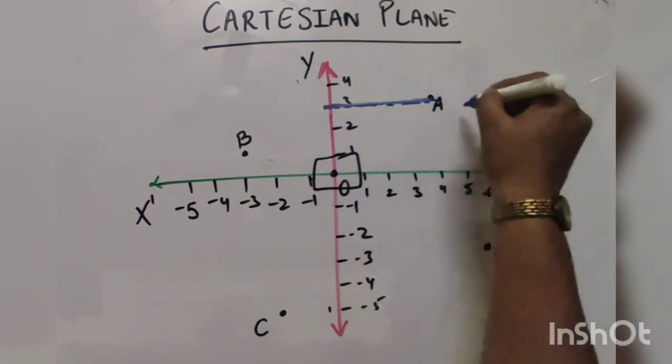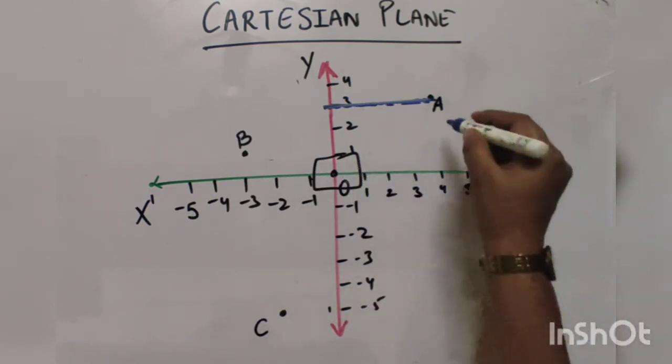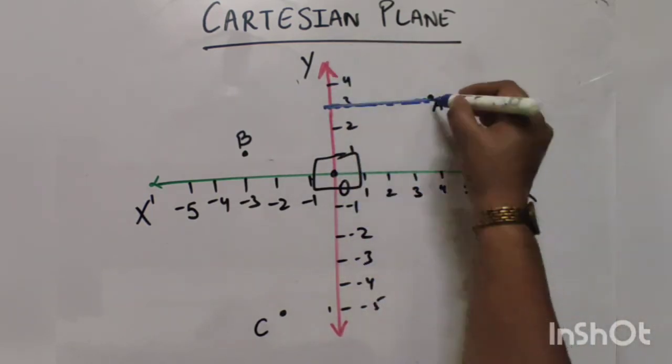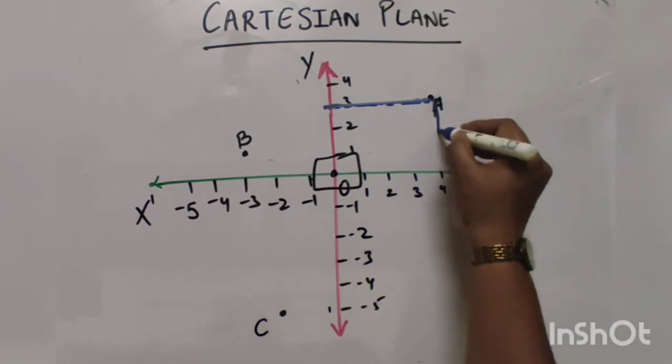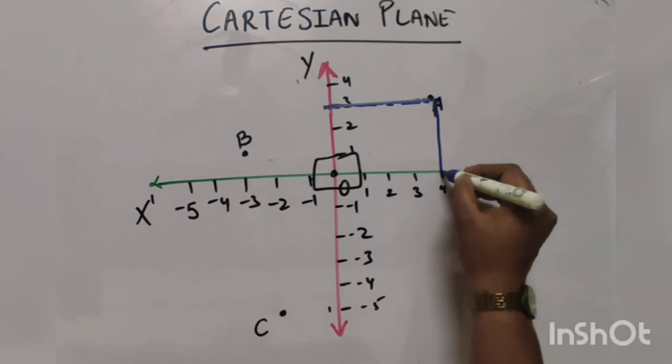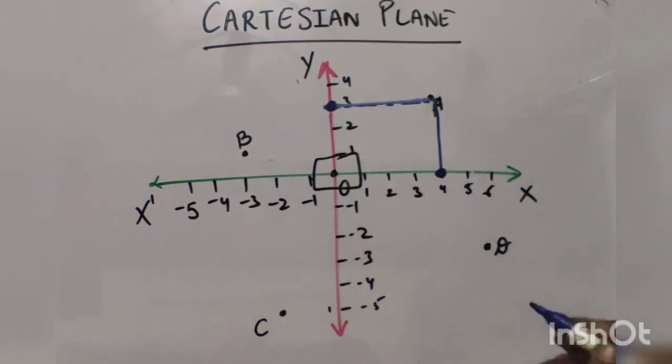This is a horizontal line along the x-axis. Now along the y-axis, if I plot the perpendicular, you can notice it is intersecting at point 4 and this is intersecting at point 3.